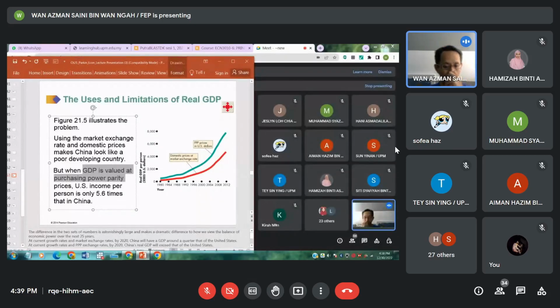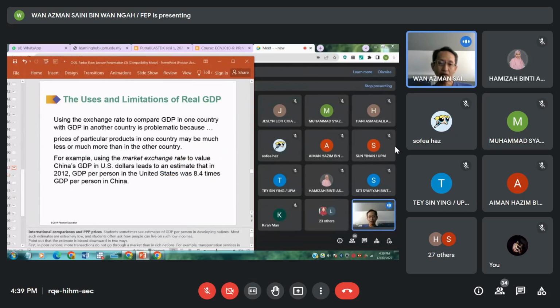Right? Look at the impact of this. We know that GDP per capita in China is lower compared to the US. If you just convert domestic prices at market exchange rates, look at this number.